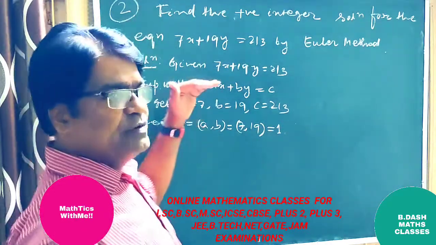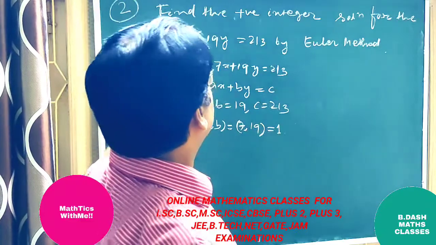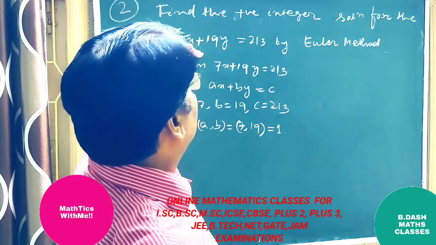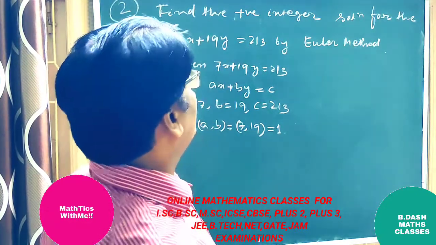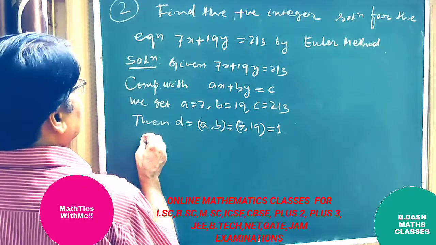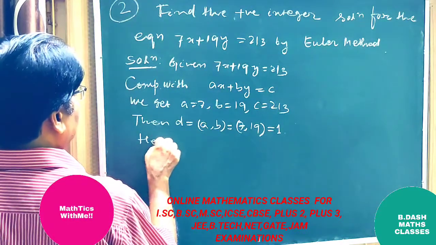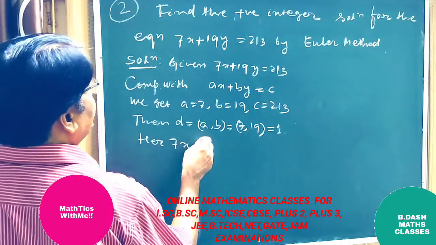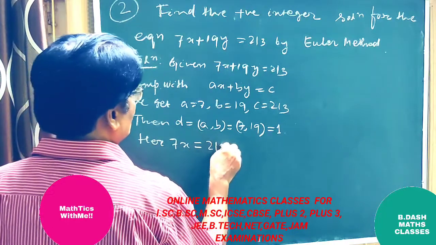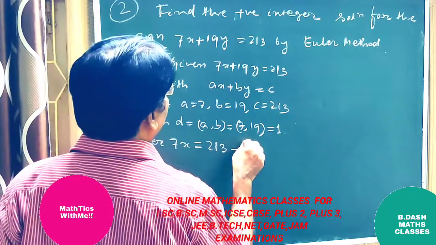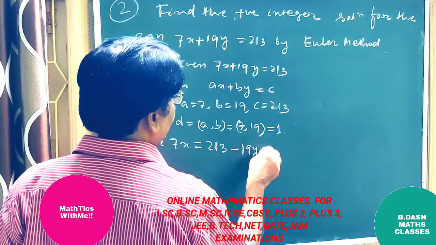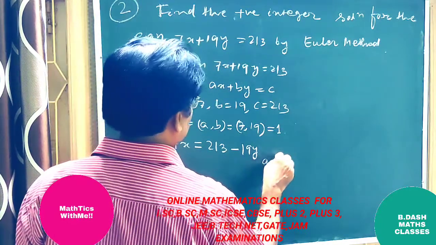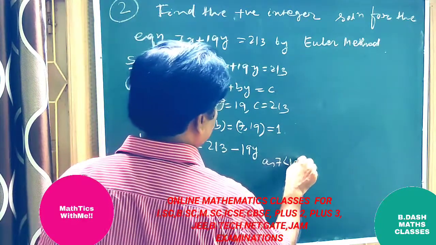Now the question which is given to us is to be solved by Euler's method. So here 7x is equal to 213 minus 19y, as 7 is less than 19.